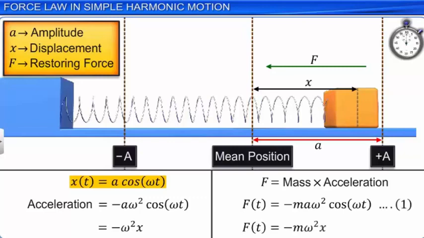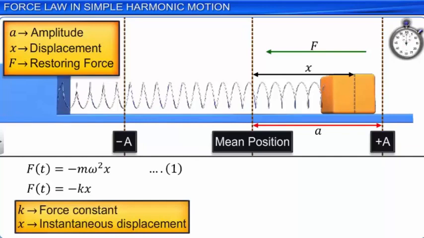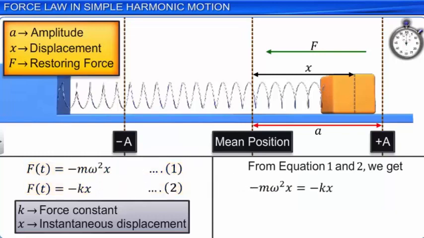Earlier we have seen that the force due to simple harmonic motion can be written as F of t is equal to minus kx, where k is the force constant and x is the instantaneous displacement of the body. Let this be equation 2. Equating 1 and 2 and simplifying, we get m omega square is equal to k, or omega square is equal to k by m.